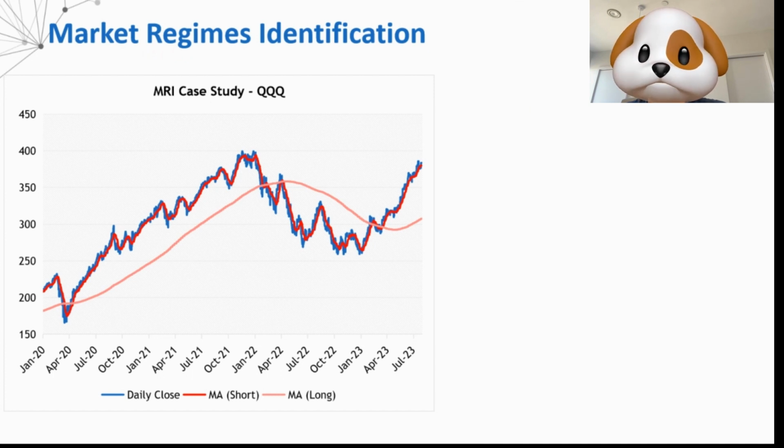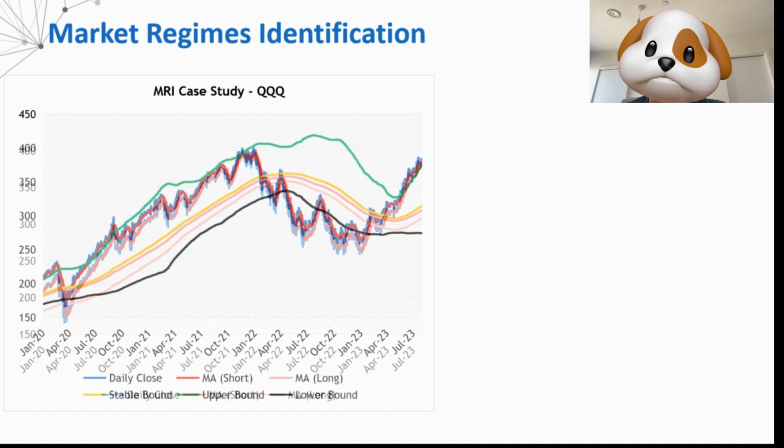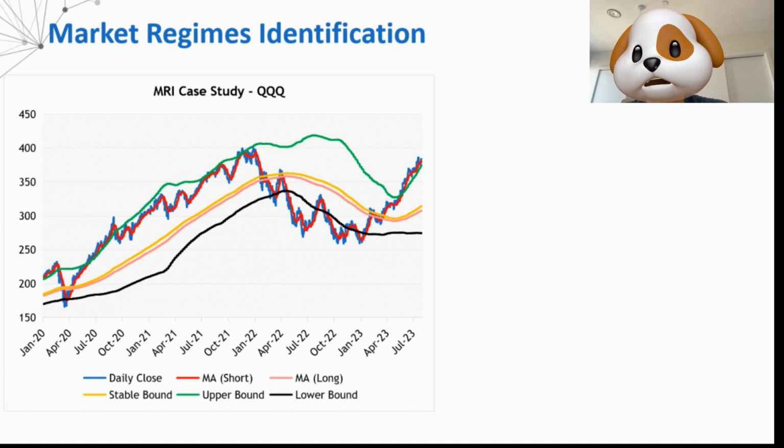That is all good. Then, based on the long-term moving average and the long-term market volatility, we further plot three bound lines, where two are above the long-term moving average. We call the higher green line the upper bound, which is the long-term moving average plus 2 standard deviations, and the lower yellow one the stable bound, which is the long-term moving average plus 0.2 standard deviation.